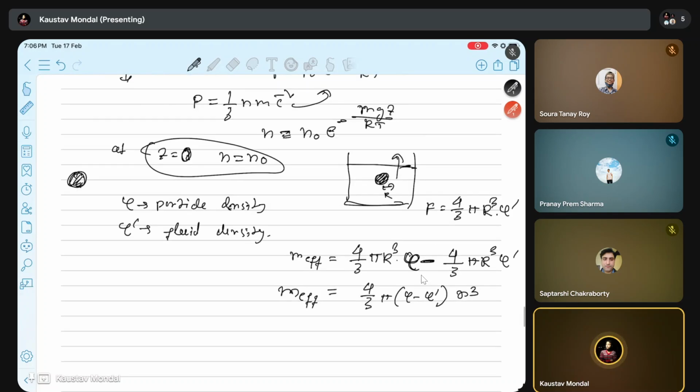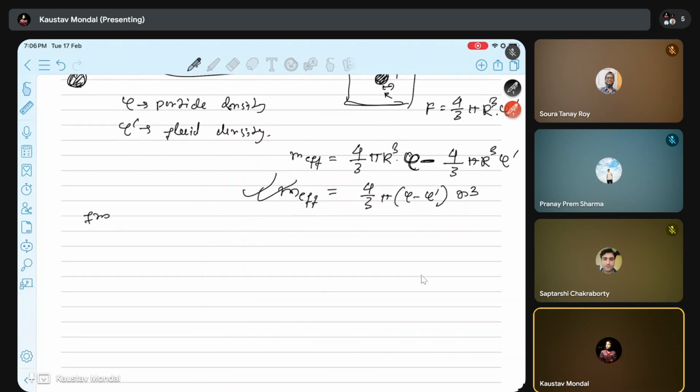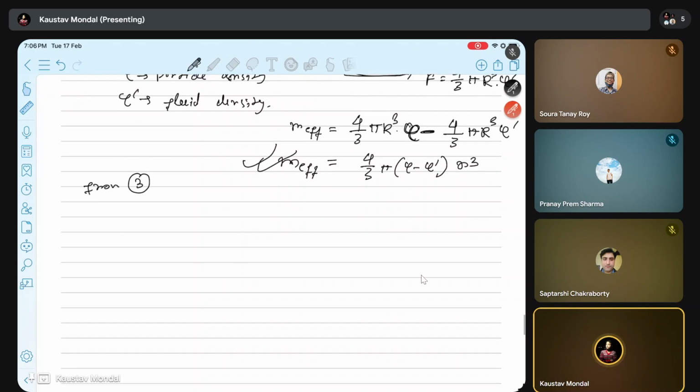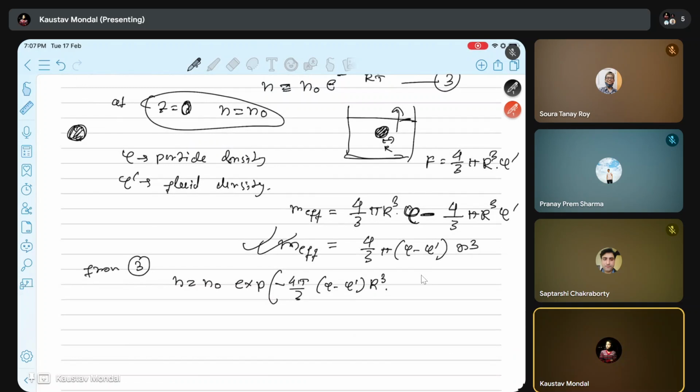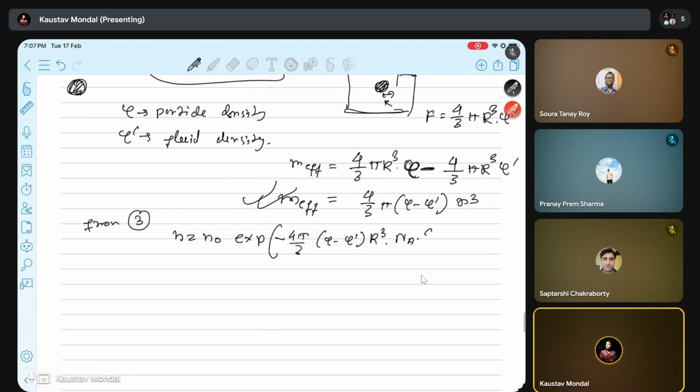Now if you substitute this into equation 3, you will get an expression for n: n equal to n naught exponential of minus 4 pi by 3 (rho minus rho prime) r cube g z by RT.